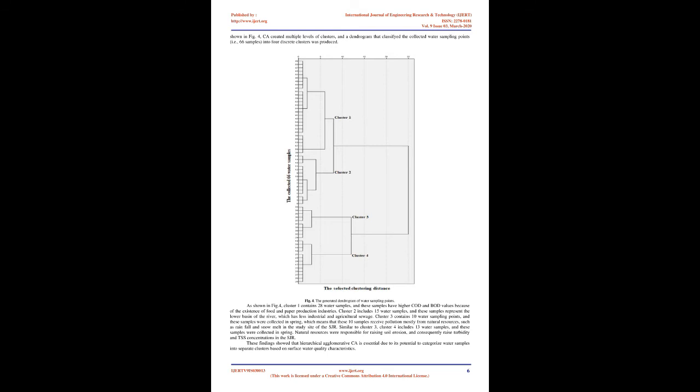Finally, levels of DO, pH, EC, and temperature were 6.71 to 14.14 mg/L, 6.51 to 8.42, 29.50 to 148.90, and 5.00 to 23.30 degrees Celsius, respectively.